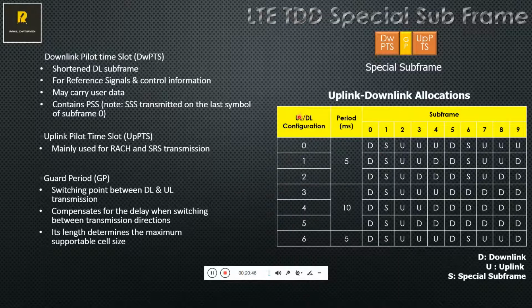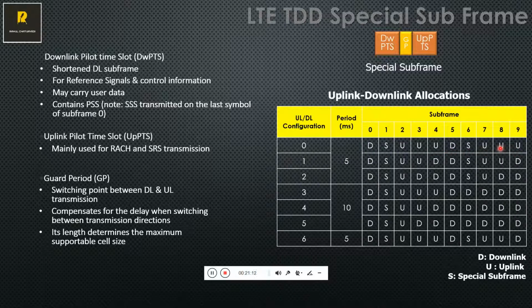In the table you can have a look at the UL and DL configurations. There are multiple configurations, 7 types, and each has its duration also. As you can see, it has 5 written there. That means a duration of 5 subframes only, DSUUU, keeps on repeating, and here also you can have a look, DSUUU.